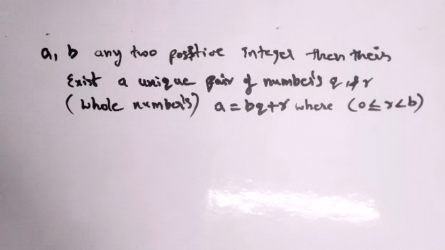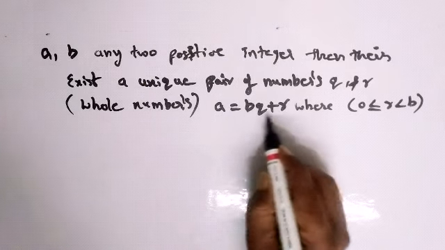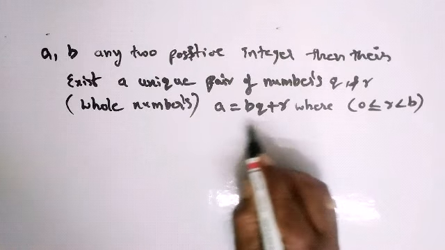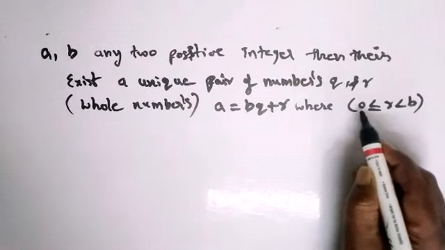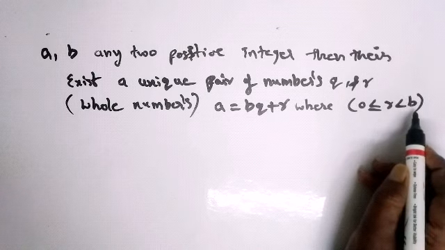If a, b are any positive integers, then there exists a unique pair. So if we have a and b as positive integers, there will directly exist q and r. That q and r will satisfy the equation a equals bq plus r, but there is a condition: 0 less than or equal to r less than b.